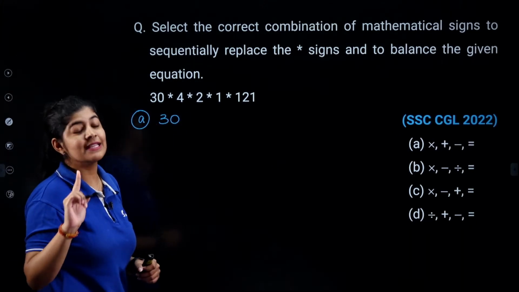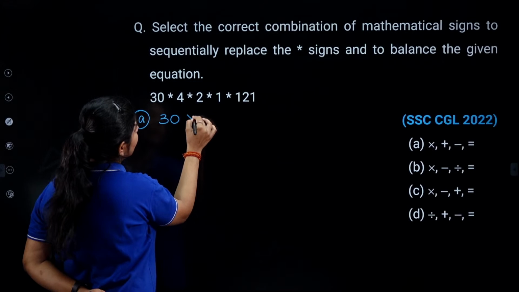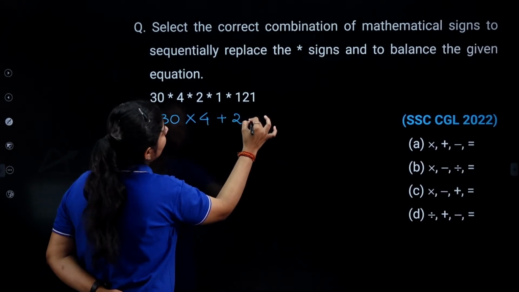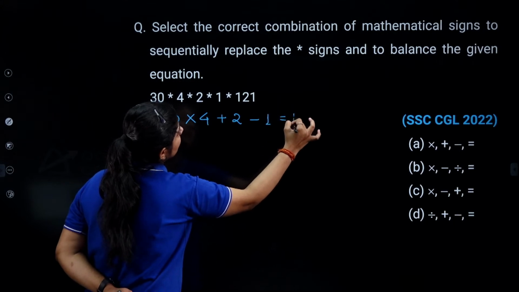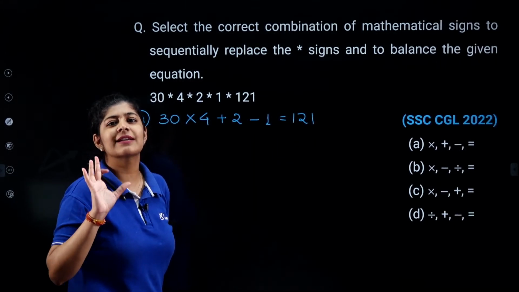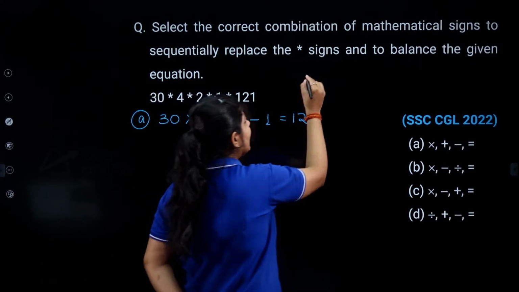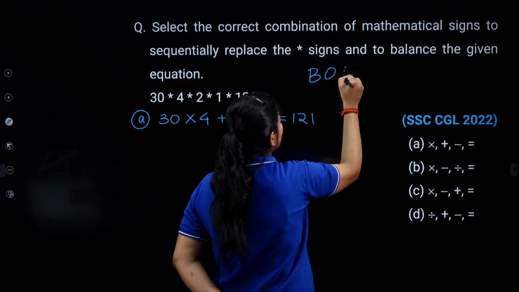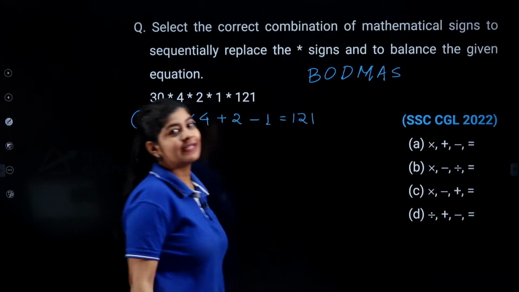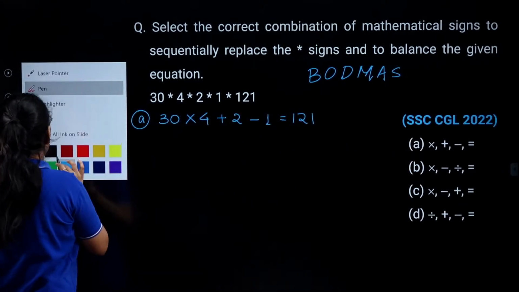Just put the signs carefully. 30 into 4 plus 2 minus 1 is equal to 121. We just simply need to check whether it is correct or not by taking care of the rule of BODMAS.